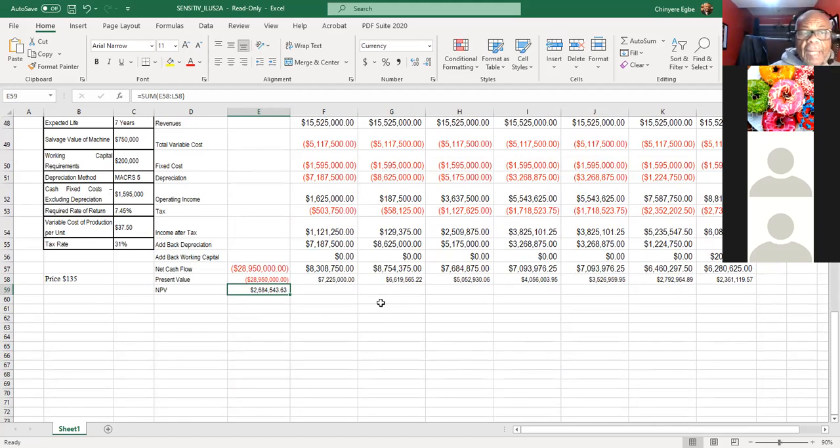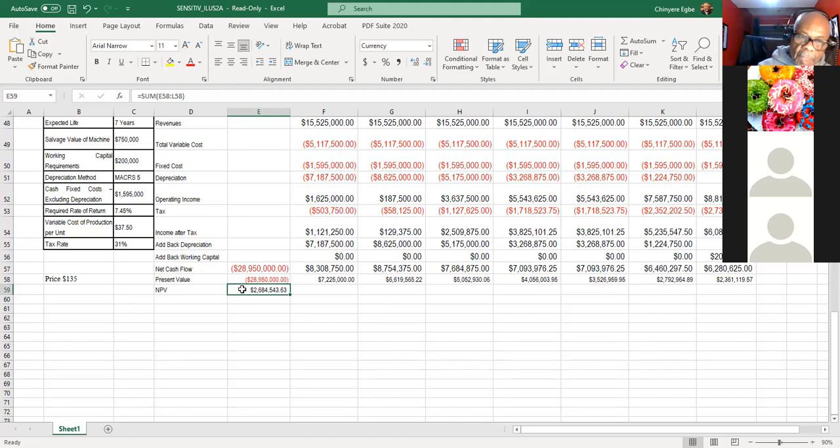Now, the whole idea is that, of course, you use these NPVs to calculate your profitability index and see how your profitability index changes based on possible changes. Now, we looked at only where the quantity of sales changes. When you do sensitivity analysis, you're going to look at the quantity of sales changing.